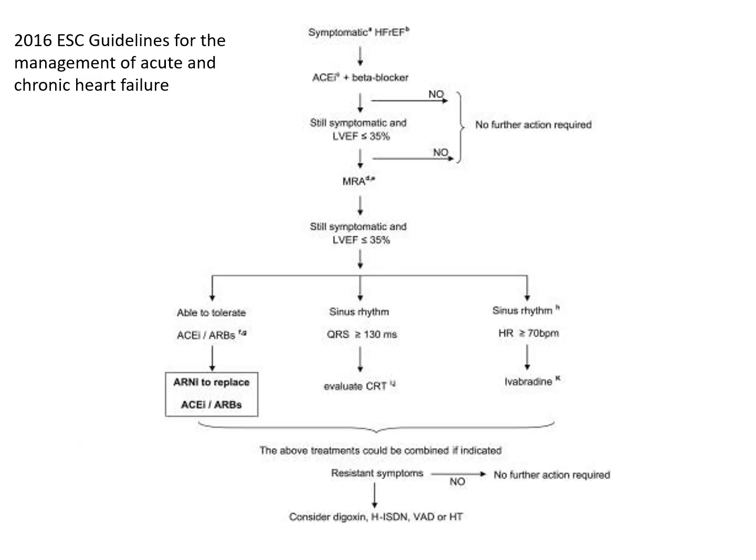So, putting it all together, based on the European Society of Cardiology guidelines updated in 2016, when you have symptomatic heart failure with reduced ejection fraction, you may start with an ACE inhibitor and a beta blocker.